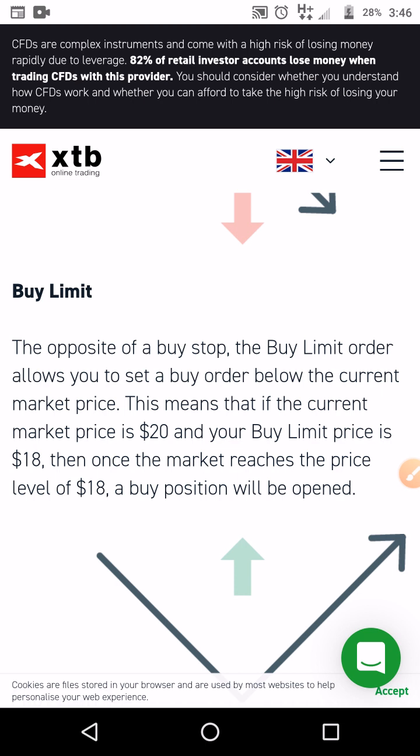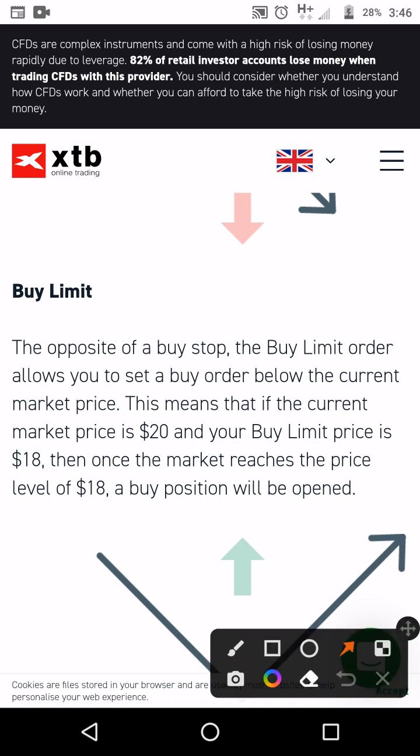So for example, here it is showing us that if the market price is $20 right now, then in order to set up your buy limit, you have to set it below the $20 US. You set a price below the current market price, and that becomes your buy limit.